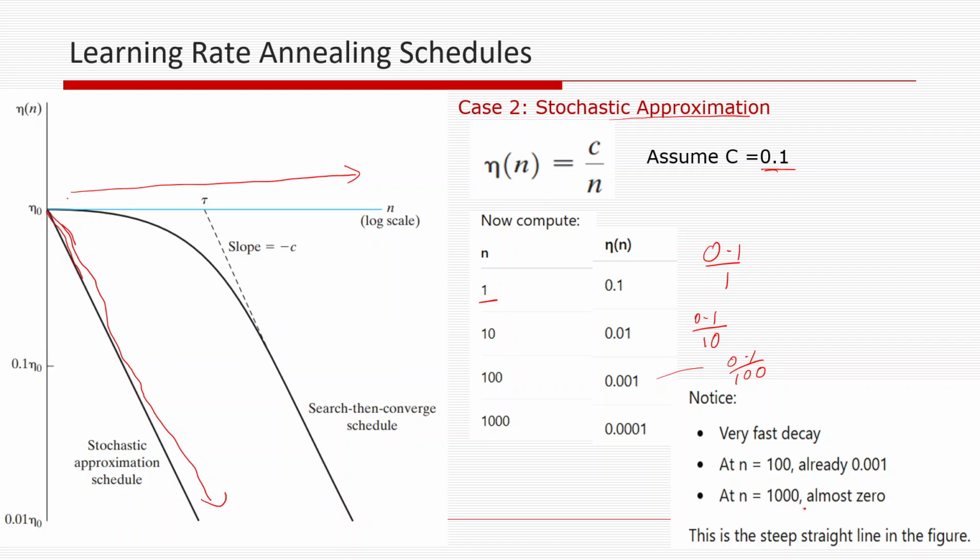At n equal to 1000, it is almost 0, because it is 0.0001. This is the steep straight line in the figure. That is, when we assume stochastic approximation for the learning rate, there will be a fast decay in the learning rate and it goes steeply. That is the observation which we are making.